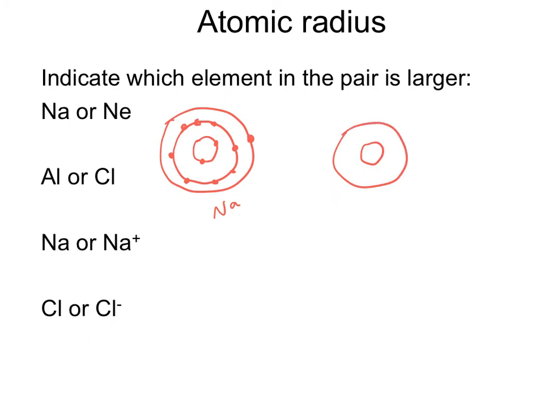And so you don't have this last electron in N equals 3. So you just get this. So that is neon. So you're going to say sodium is larger than neon because it's got an electron in N equals 3. Right? The next one is aluminum versus chlorine.